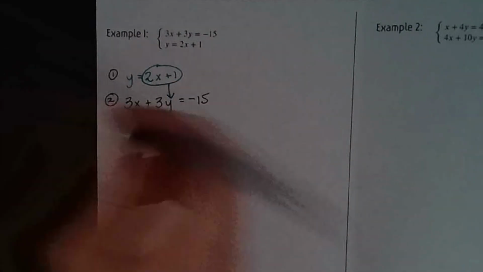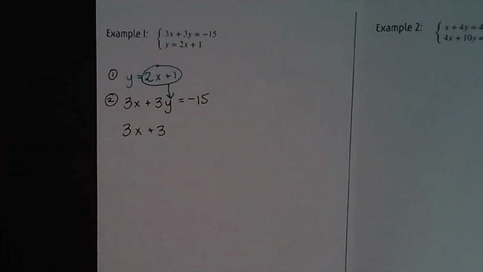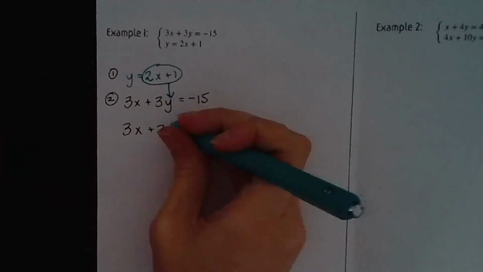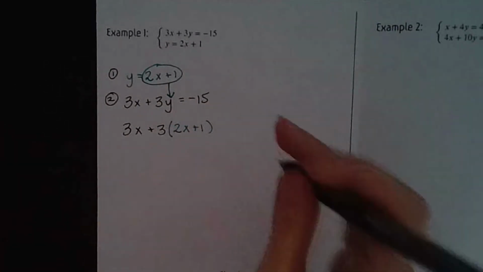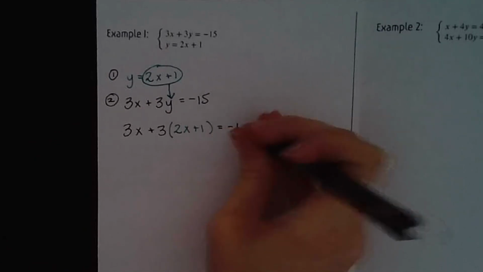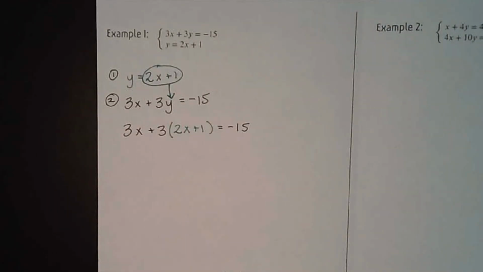So what I'm going to end up with here is 3x plus 3, and then instead of y, I'm substituting 2x plus 1, and that equals negative 15. So that was step two.